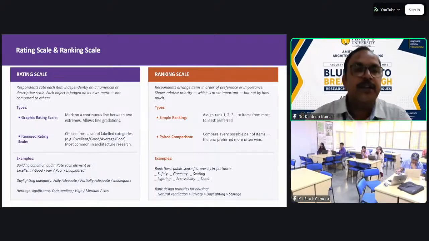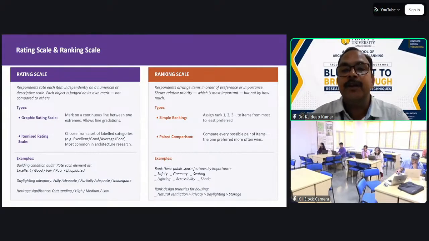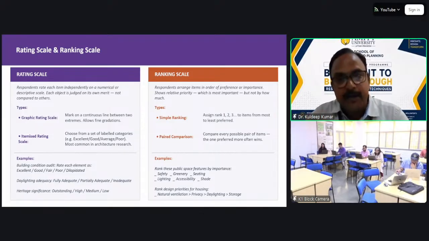These are of two types, sorry, simple ranking and paired ranking. Simple ranking is like assigning rank 1, 2, 3 to all items from most to least preferred. This process is very quick. And paired comparison compares each possible pair of items.